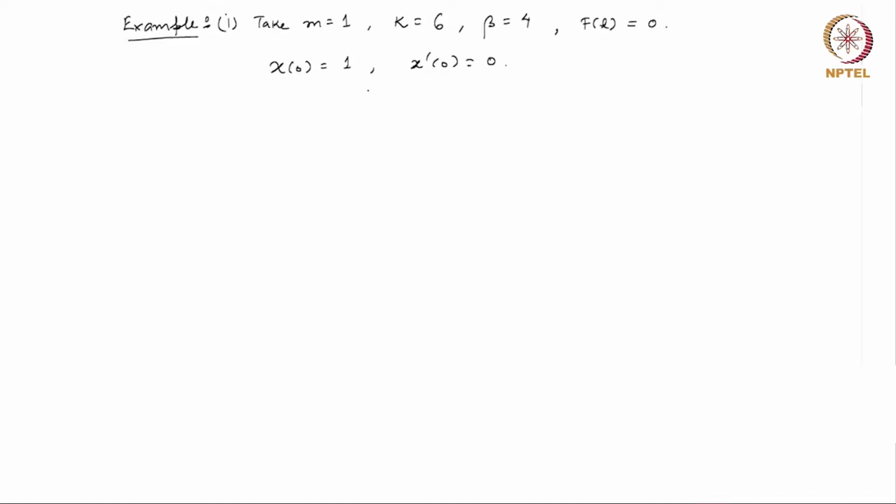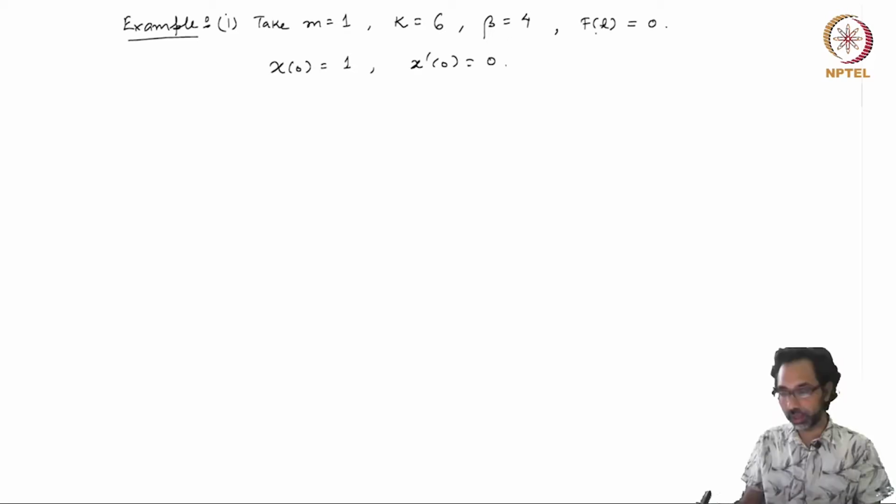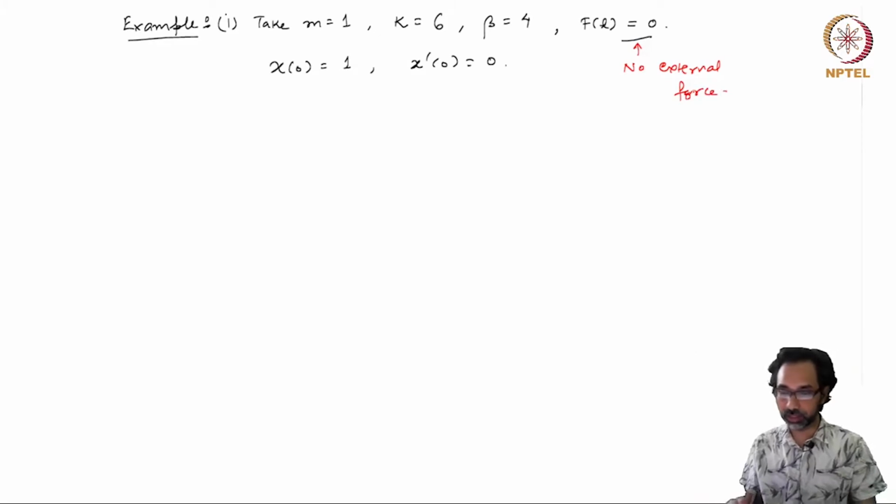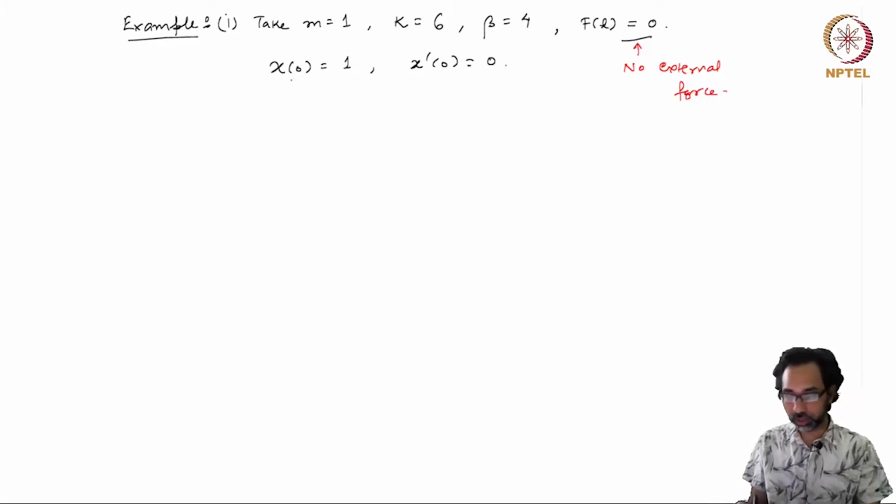As an example, we can take m to be 1, k to be 6, beta to be 4 and f(t) to be 0. This means there is no external force present in this system, with initial conditions x(0) equals 1 and x prime (0) is 0.